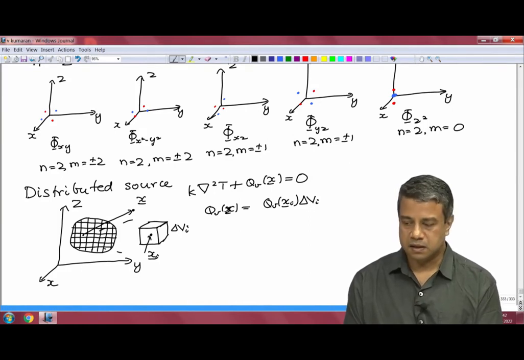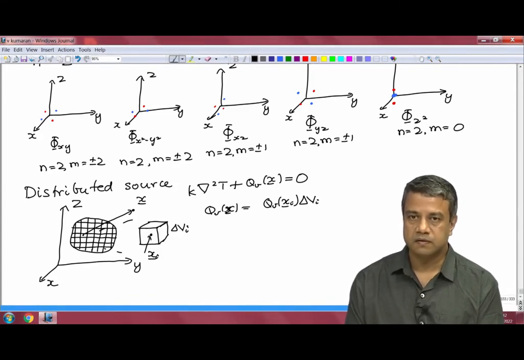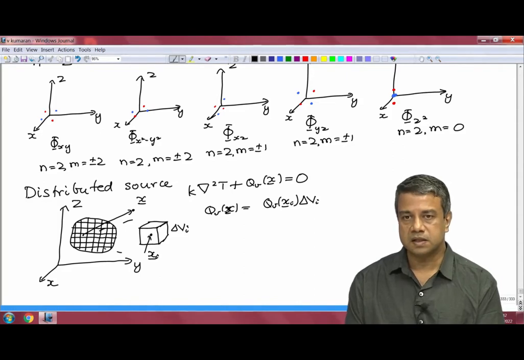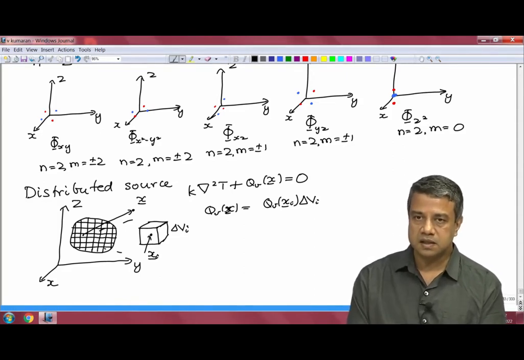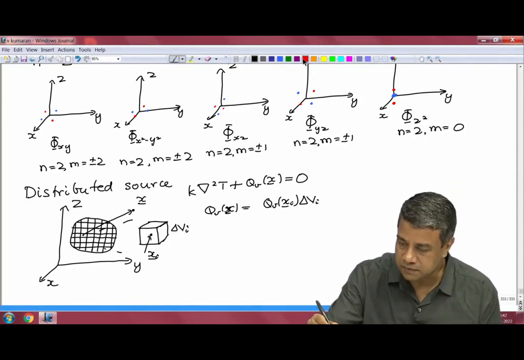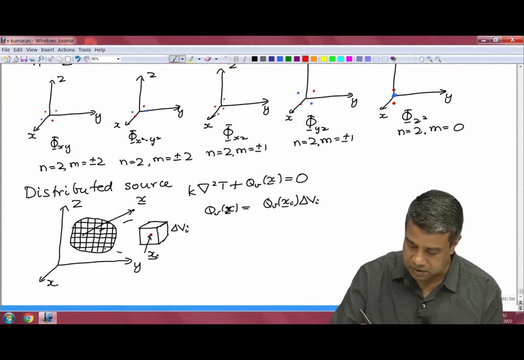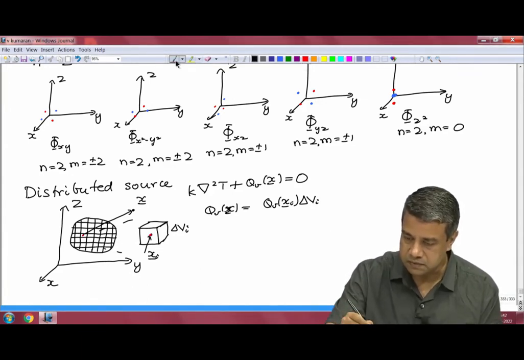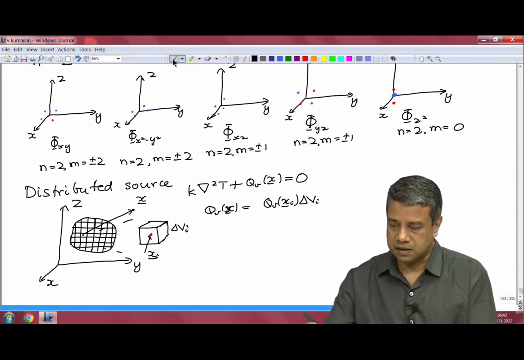The volumetric source per unit volume at that location multiplied by the differential volume gives me the heat generated per unit time from that volume, and I can consider that entire heat in this differential volume to be a delta function centered at this location.